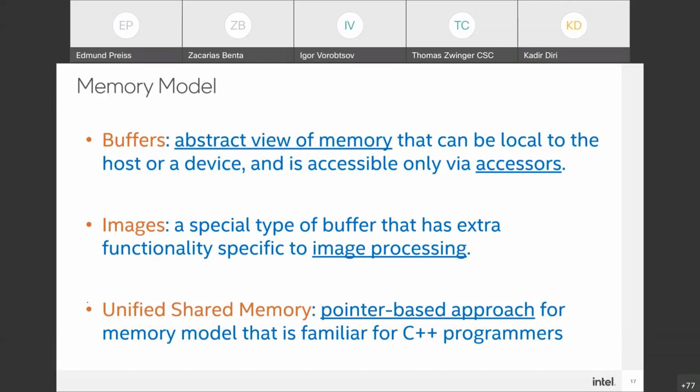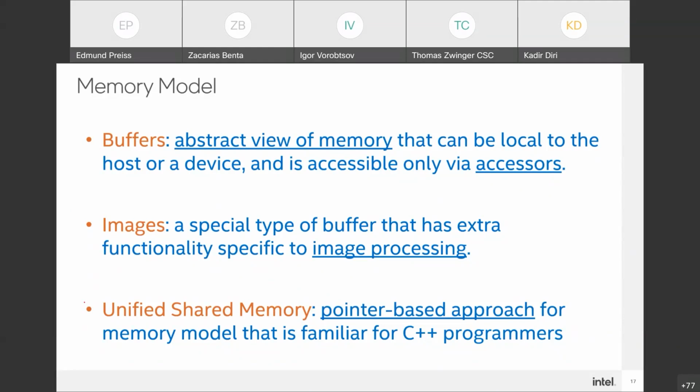And the alternative concept is to use unified shared memory, which is a pointer-based approach. It's not an abstract view of a memory, but you allocate the memory directly from the host side on the device side, or you're using shared allocations, and you're working in a more low-level, controlling manner with the memory.